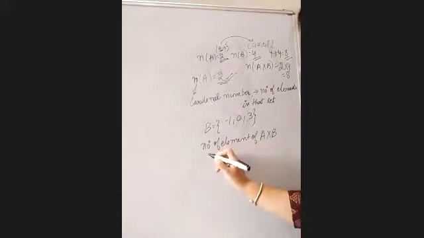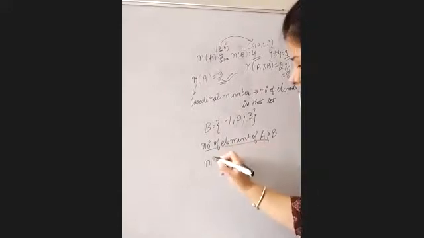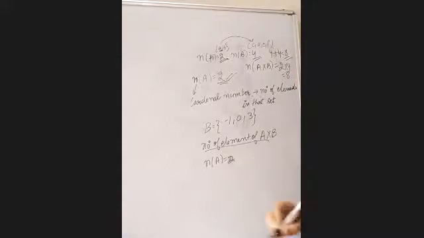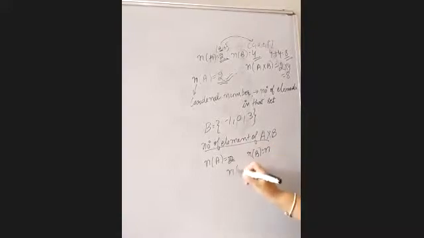Similarly, if n of A is equal to m, the number of elements in set A is m, and the number of elements in set B is n, then the number of elements of the cross product is m cross n.